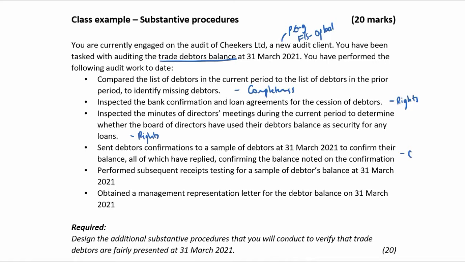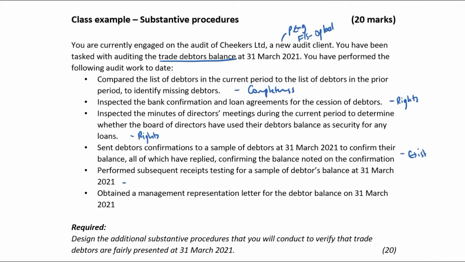So they've done existence, and what it shows me is that what they are showing in their financials matches to their customers. So that's a very good indication that their debtors may be valued correctly. Performed subsequent receipts testing for a sample of debtors' balance at 31 March 2021.